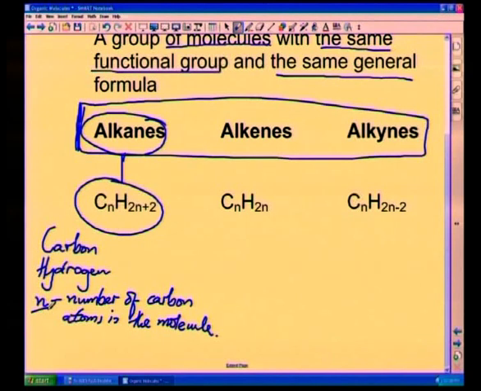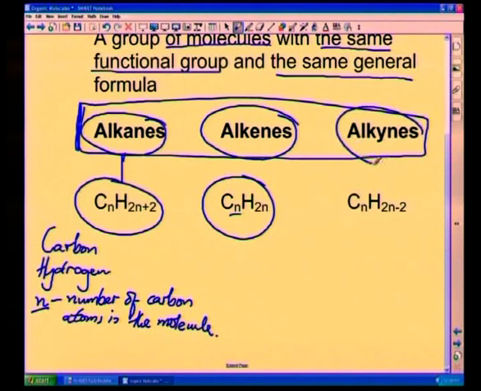I will refer to this again later on when we begin to unpack these types of molecules. The second one is the homologous series of alkenes, and here we have the general formula CnH2n. I have explained what N is, and what the C and the H are.